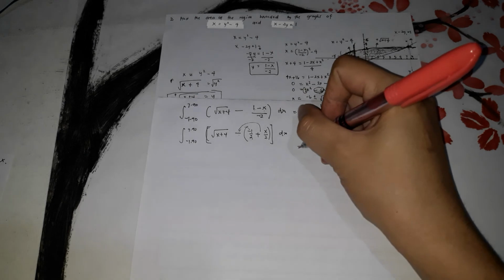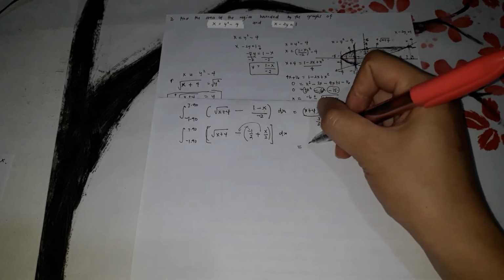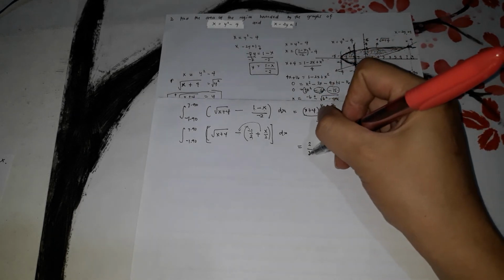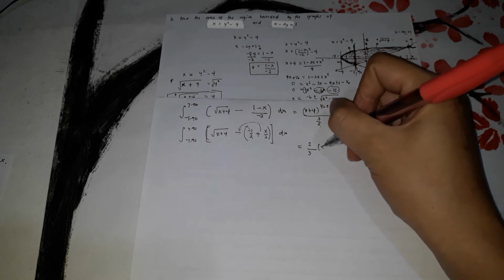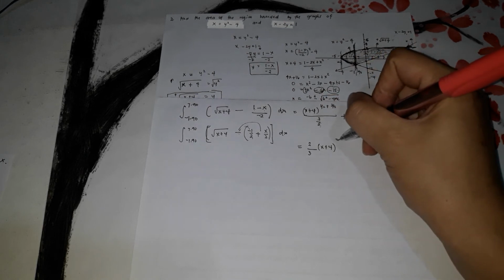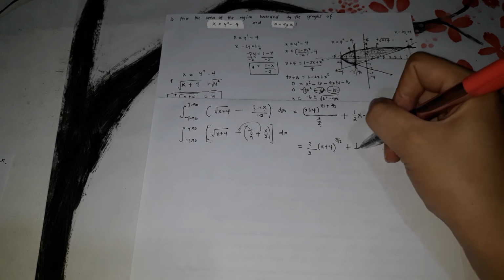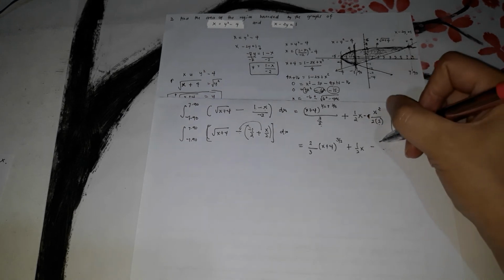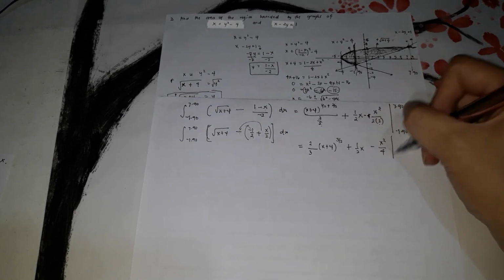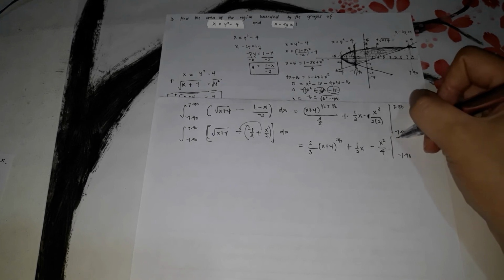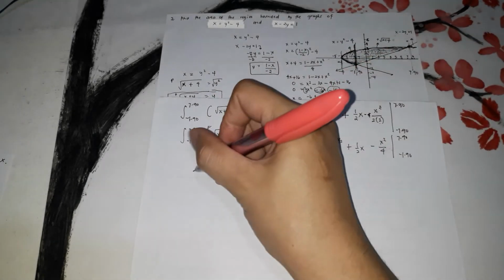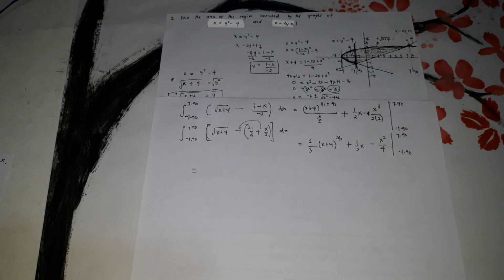The limits are negative 1.90 to 7.90. So, ito, ilagay mo sa taas yung 2. Matira sa baba si 3. So, 2/3 times x plus 4 raised to the power of 3 halves plus 1/2 x minus x squared over 4, from negative 1.90 to 7.90. So, we need bigger space.